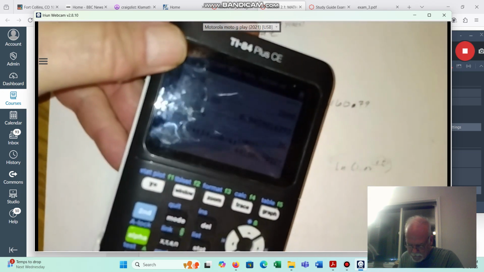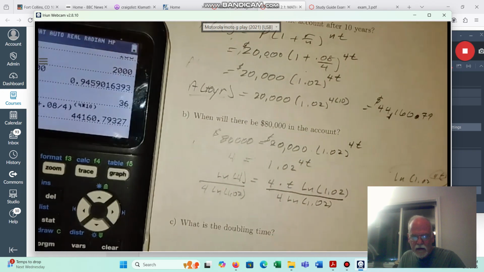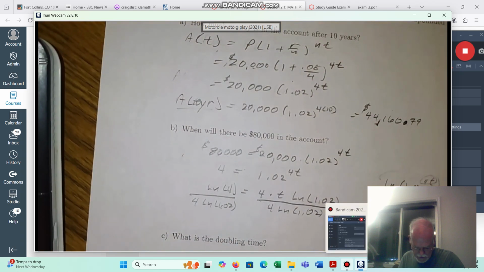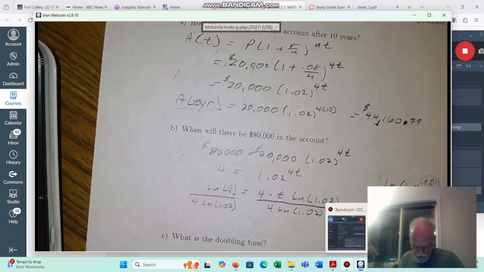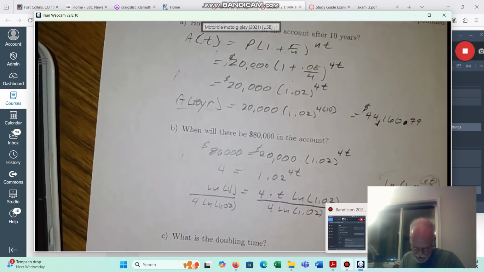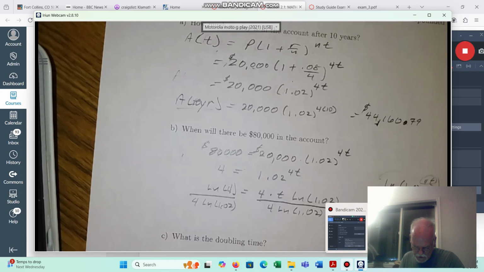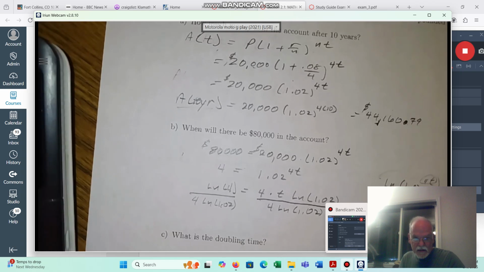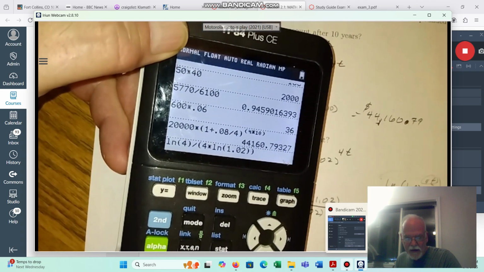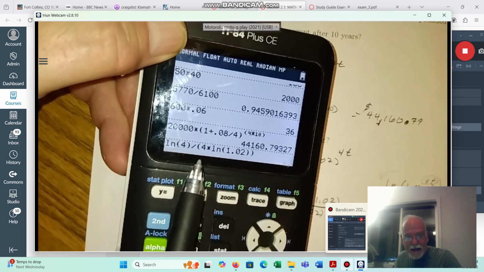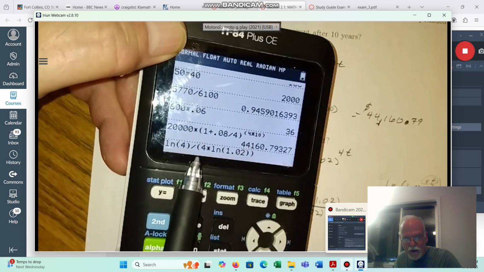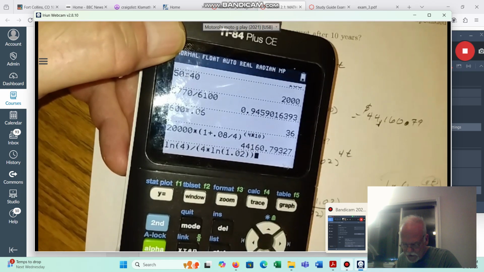Wake up the calculator, and I want to throw in natural log of 4, ln of 4, divided by parentheses 4 times ln of 1.02, close the parentheses. I had to make sure the denominator was all in one set of parentheses so it would do it correctly.